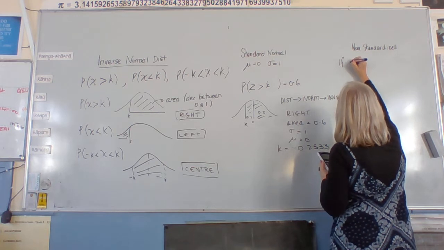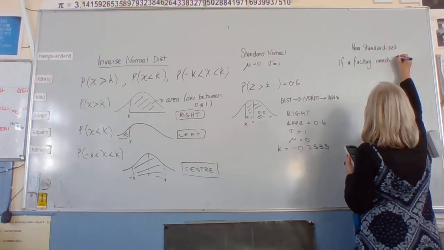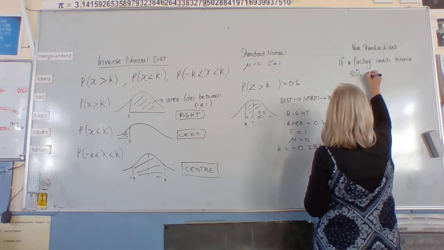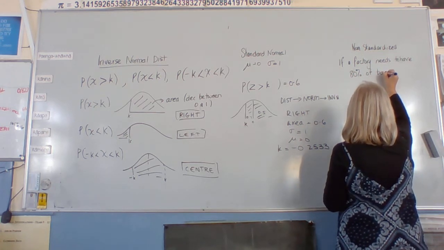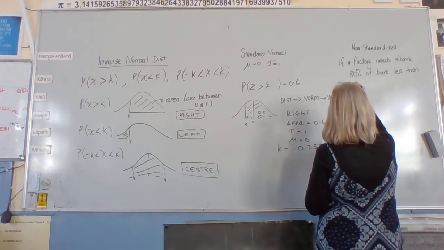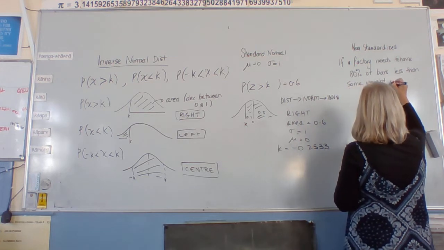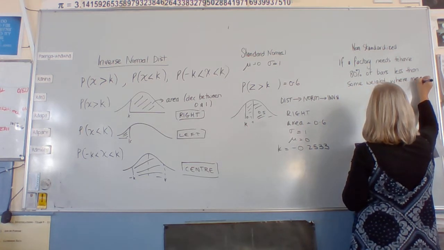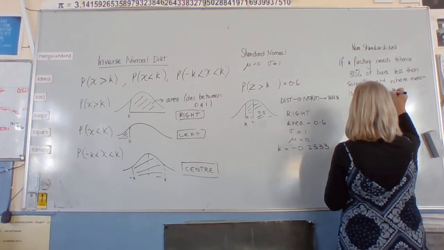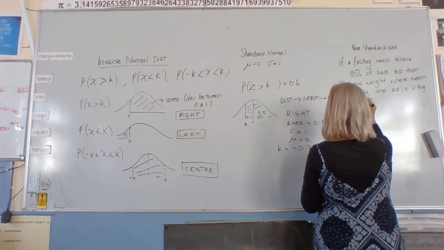If a factory needs to have 80% of bars less than some weight, where the mean is 5 grams and SD is 2.3 grams, what will that weight be?